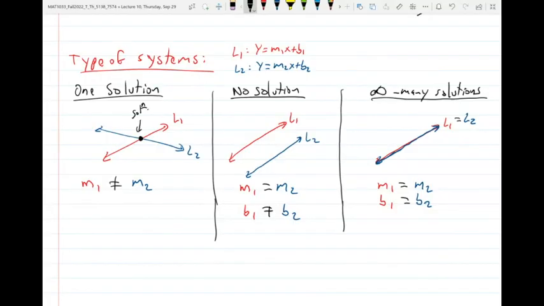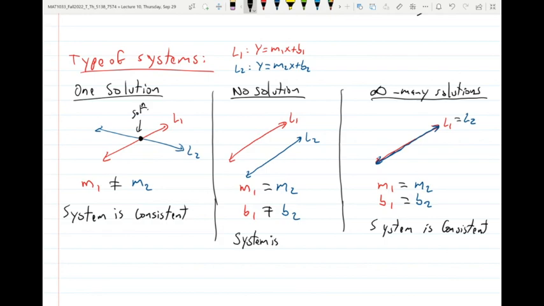So the word consistent means there is at least one solution. Inconsistent means, okay, there's no solution.